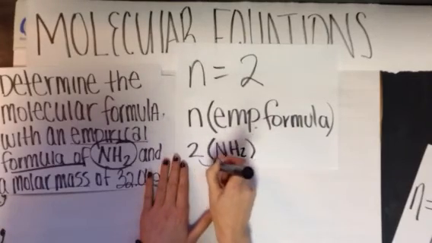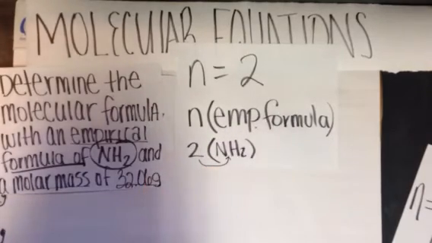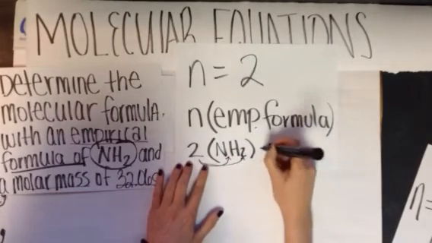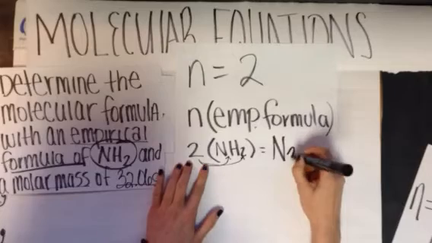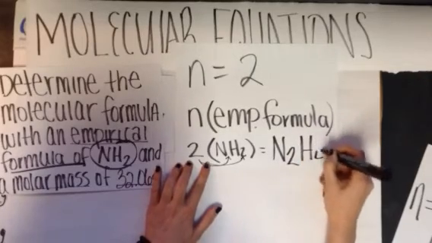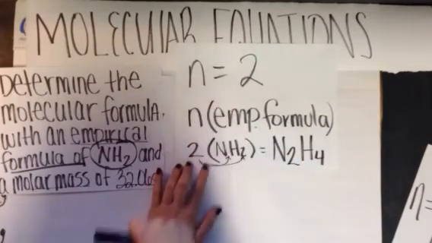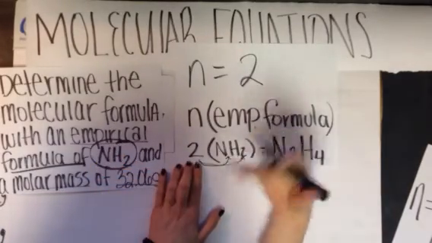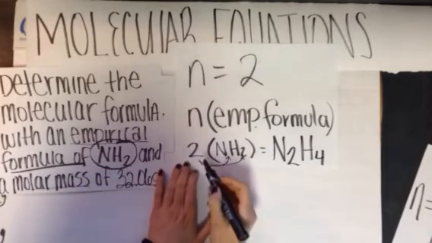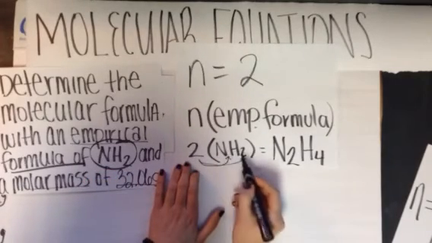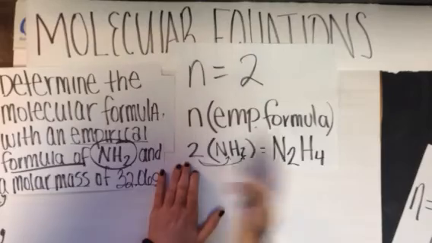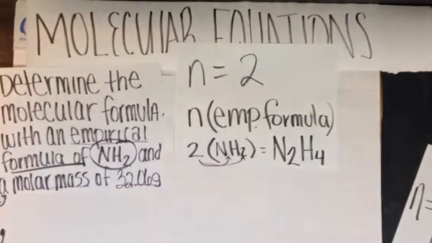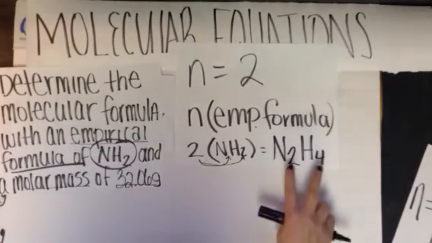What this means is now I have 2 nitrogens, and 2 times 2 is 4 hydrogens. So N2H4. This is a multiplier for my subscripts. Not 2 NH2s, but 2 times each subscript I have. N2H4. That is my molecular formula.